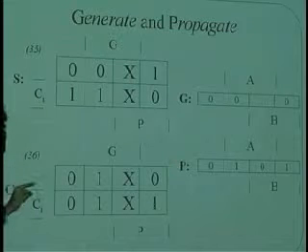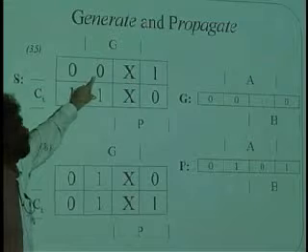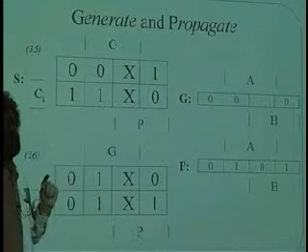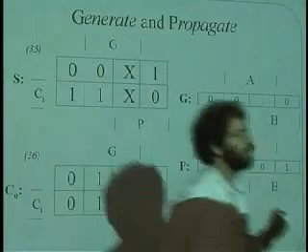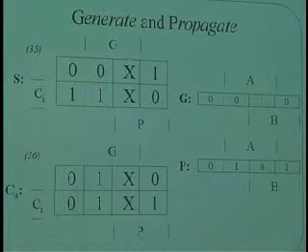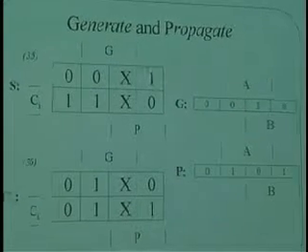If the inputs are both high, then what is the output going to be as a function of the carry that comes in? A and B are both high, so we're summing together 1 and 1. And the question is, when a carry comes in, what's the output? The sum of 1 plus 1 plus 1 is 1. 1 plus 1 and 0 is 0. So the output is equal to C sub I if both of the inputs are 1.